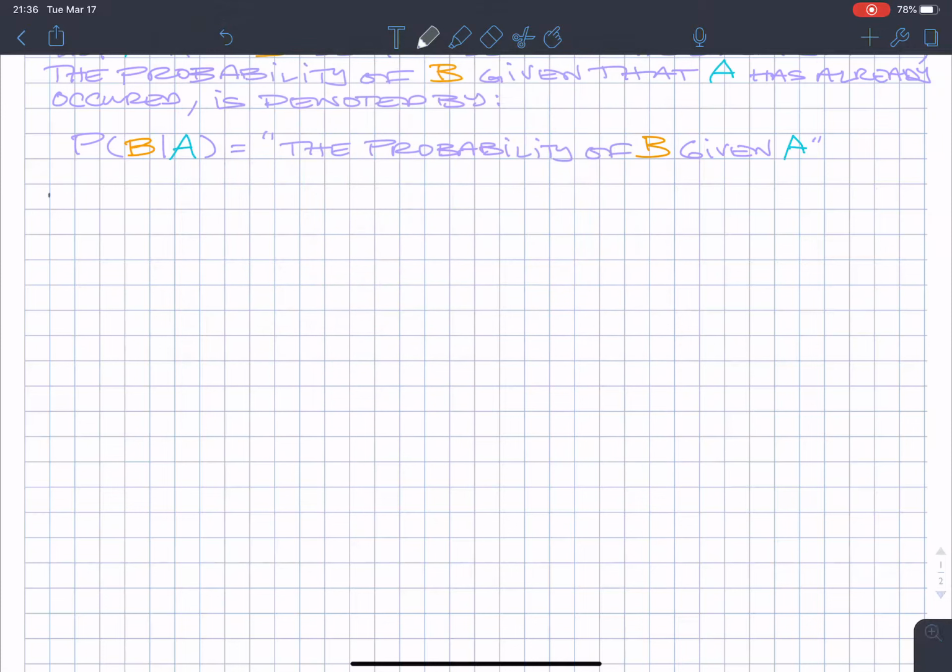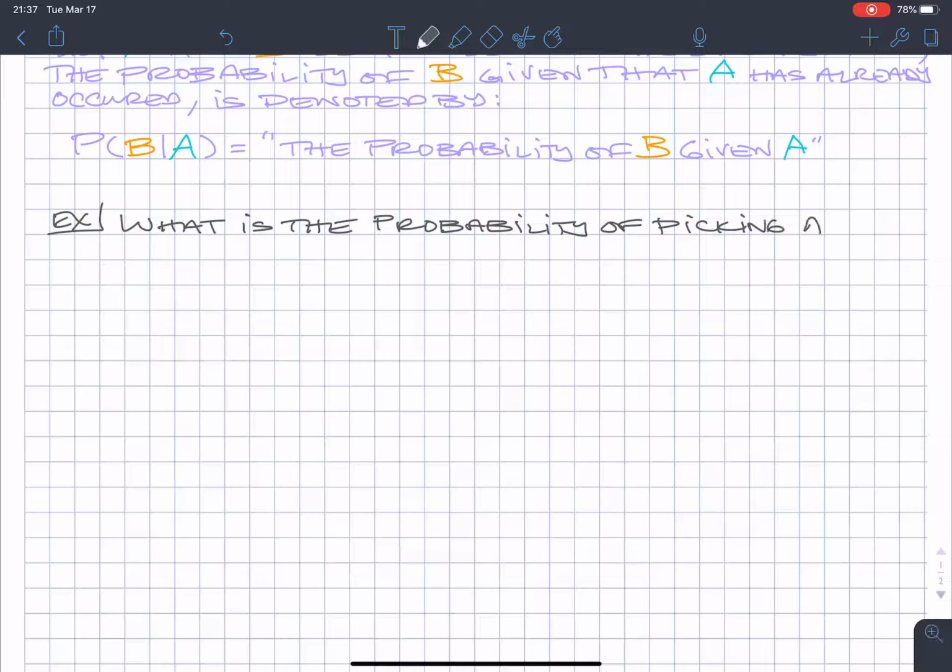So for example, what is the probability of picking a club after choosing 3 diamonds from a deck of cards?